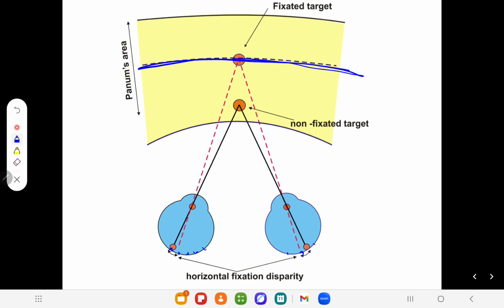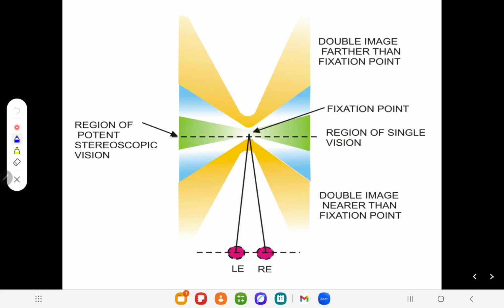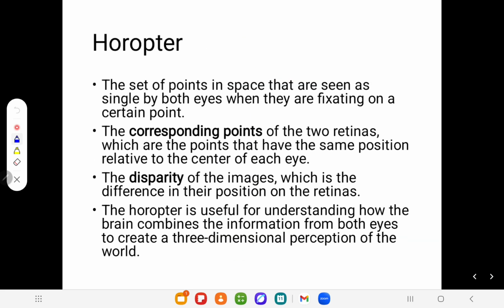It forms due to the corresponding points. In its space there is forward and backward. There is a space in which binocular single vision can be found, and that is called Panum's fusional area.